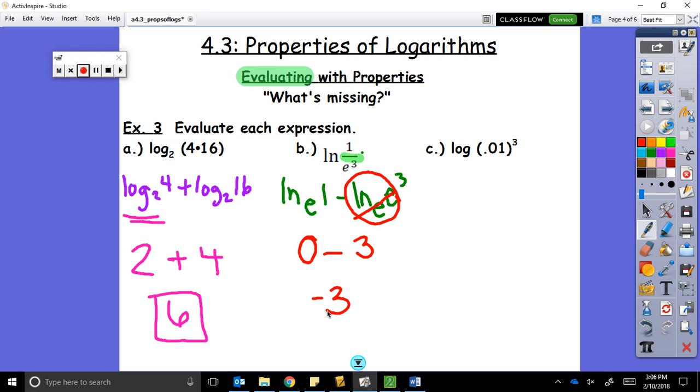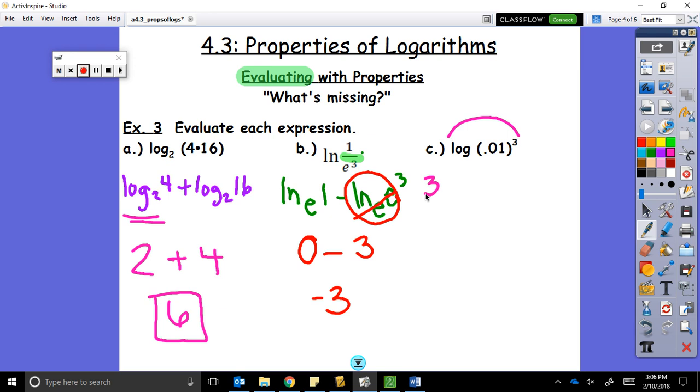Alright? I want you to do some expanding on C first. So try to do some expanding on C. Alright, so I hope when you were looking at this to do the expanding that you pulled that 3 out front.